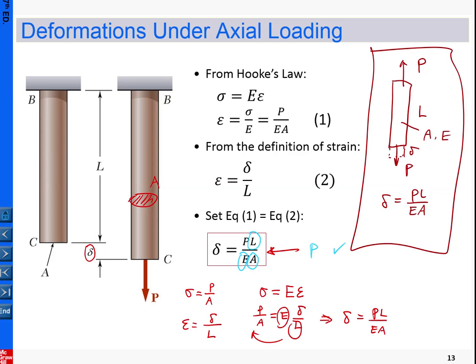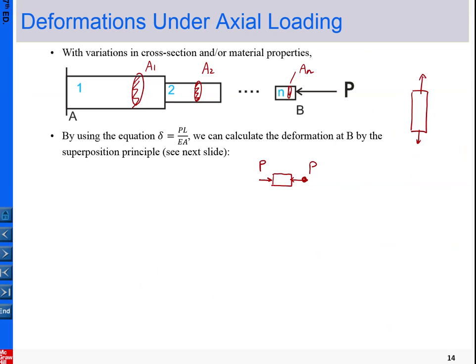Put everything into the standard model. So from here you can see this is length L, let me call it LN, and E and AN. So for this model we fit into our standard one. So here the delta, and then we use subscript N to denote the deformation of this piece only.